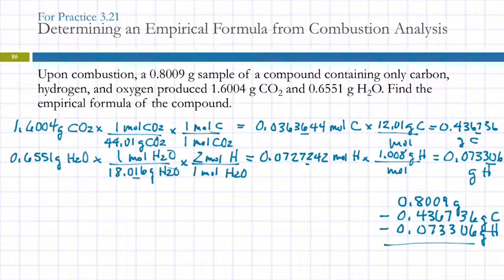So 0.8009 minus 0.436736 minus 0.073306. And I get 0.290858 is what my calculator tells me. If I'm keeping track of sig figs, it would end right there. Now I have mass of oxygen. Any questions about how I got the mass of oxygen?